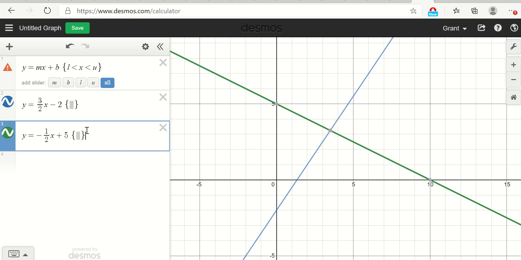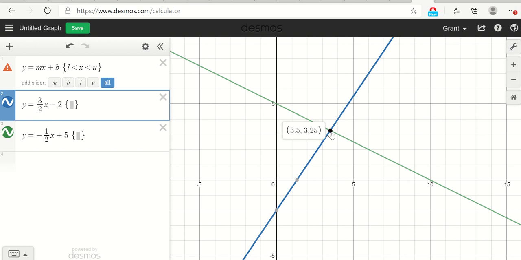And I know I want to restrict the domain of this green line as well. I'm calling that the domain, but really we don't necessarily have that vocabulary in grade 9 yet, but that's what it's called when we restrict the allowable x values for our graph. It's called restricting the domain. So let's say that when the blue line first crosses the green line, I want my blue line to stop right there.